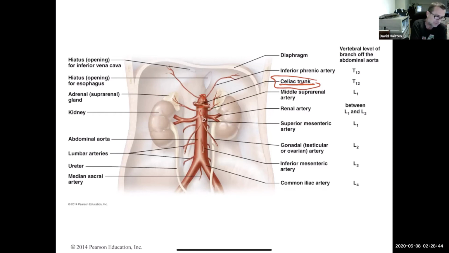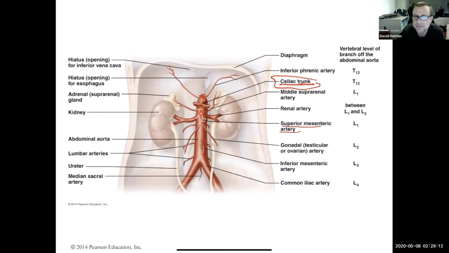Another one we had for the sympathetic was the superior mesenteric ganglion. Why? Because it's above the superior mesenteric artery. The superior mesenteric artery is supplying blood to your small intestine. Finally, there's an inferior mesenteric artery coming off of the abdominal aorta. Now you know why these sympathetic ganglia have the names they do.